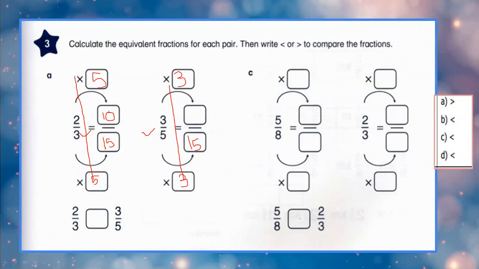When 3 is multiplied by 3, it gives 9. So 2 upon 3 becomes 10 upon 15, while 3 upon 5 becomes 9 upon 15. Both denominators are the same, so we can compare easily. Which is greater, 10 or 9? Yes, 10 is greater. Good job.